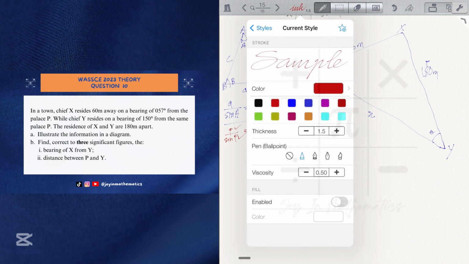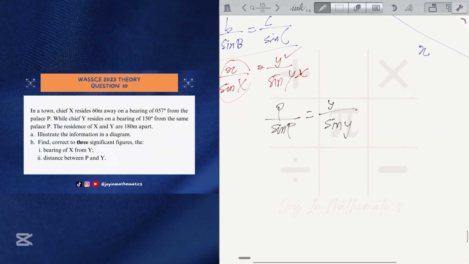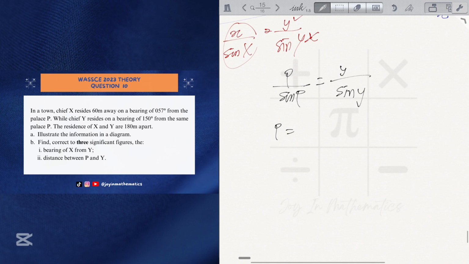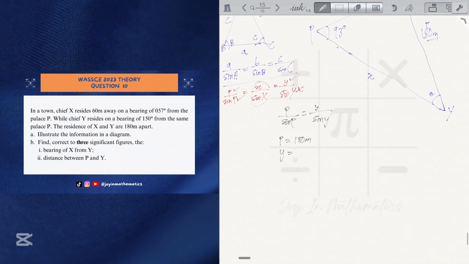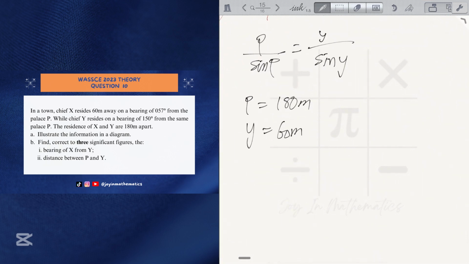But we do not have the side, nor do we have the angle of X. So with this, we can evaluate theta by using p divided by sine P is equal to y divided by sine Y. We understand that p is equal to 180 meters, y is equal to 60 meters, angle Y is equal to theta that we are looking for, and angle P is equal to 93 degrees.